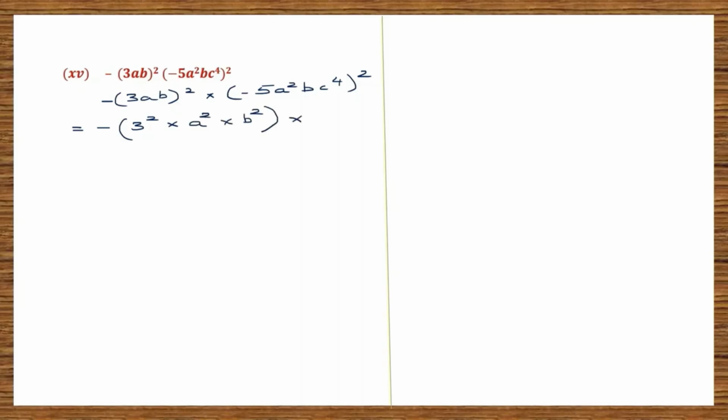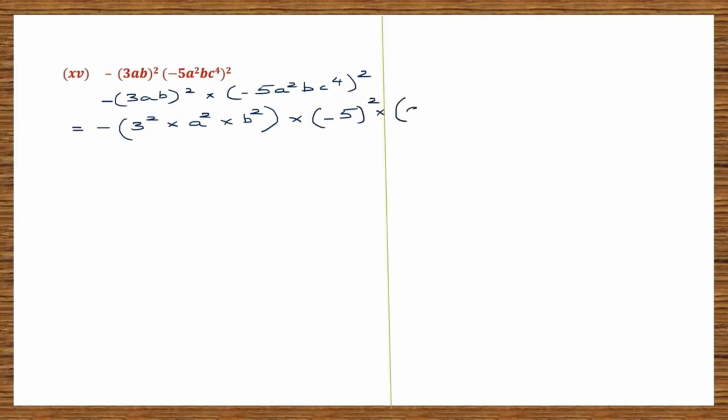Now let's look at the next one. Now here we have minus 5 again. Each digit here is raised to the power of 2. So we'll have minus 5 raised to the power of 2, a square raised to the power of 2, b raised to the power of 2, c to the power of 4 raised to the power of 2. So let's go slowly. So here minus 5 raised to the power of 2 and then continue again.